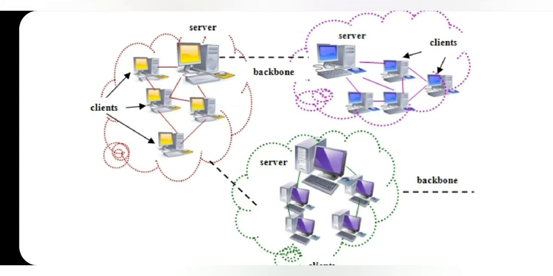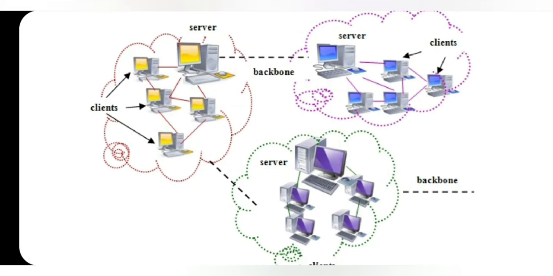These are the LANs. Yellow is LAN 1, blue is LAN 2, and purple is LAN 3. They are LANs created at different locations. But if you want to combine these LANs with each other, how can you combine them? With the help of an internet.